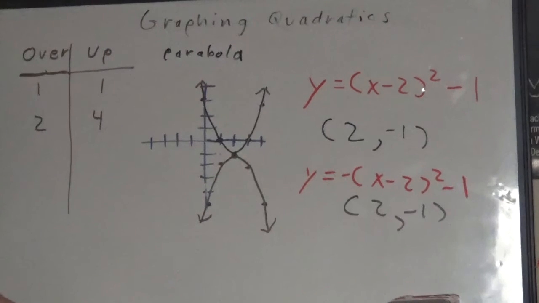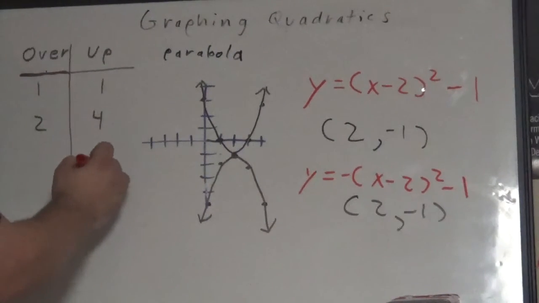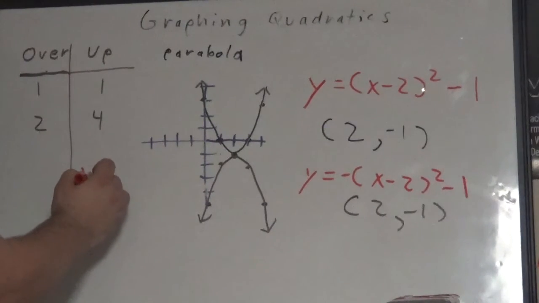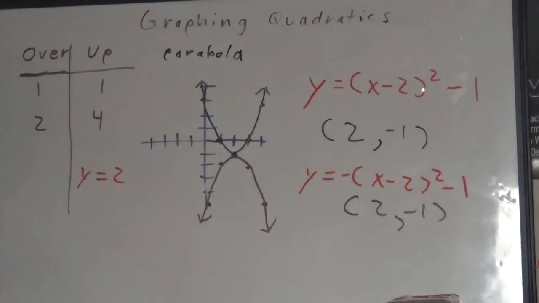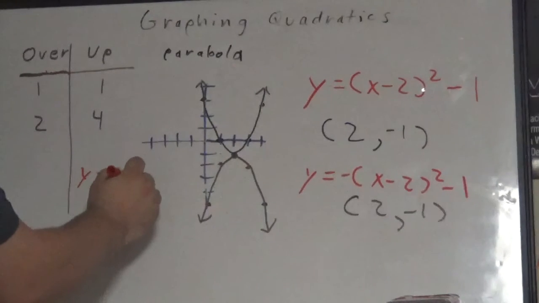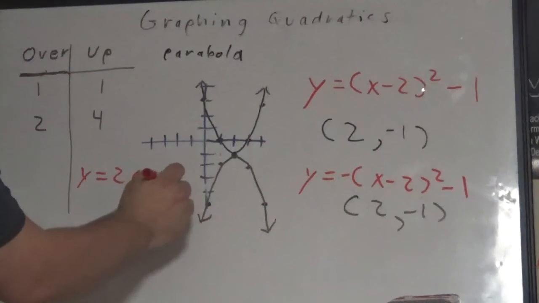Well, what about if we change the equation? I'm going to change the equation and put it over here, and I'm going to keep the vertex the same, but instead of having no number out here, instead of a equals 1, I'm going to make it a equals 2.